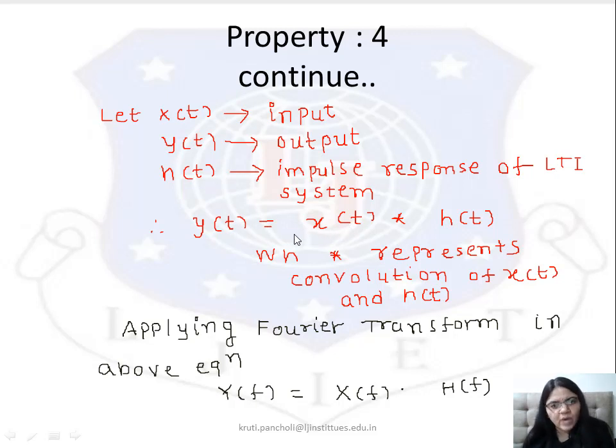Applying the Fourier transform to this equation, the Fourier transform of y(t) is Y(f), of x(t) is X(f). It is convolution in the time domain, but in the frequency domain it is multiplication. The Fourier transform of h(t) is H(f).